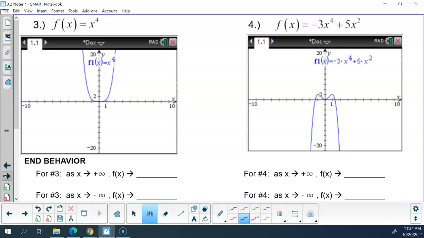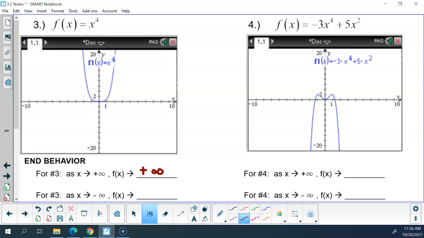Again, sketch the graph and then find me the end behavior. So as x approaches positive infinity on the left one, f of x is approaching positive infinity. As x approaches negative infinity, f of x is approaching positive infinity.